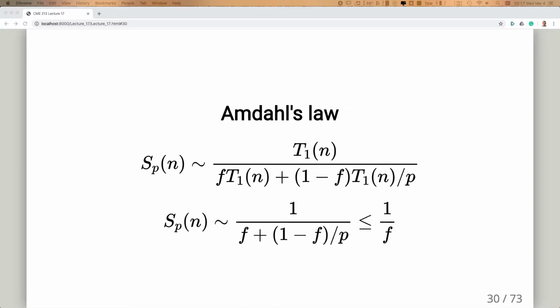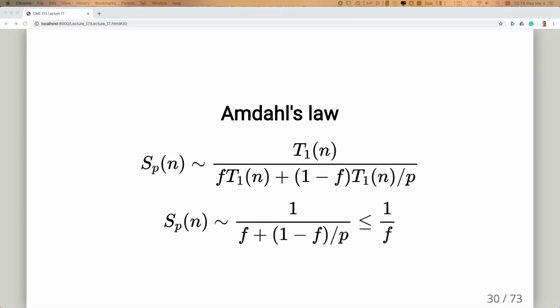But for some reason, in computer science, even a simple math operation is given a great deal of credit. So I'm going to divide by t1, and I get this equation. Right? Now you can ask yourself, if I increase p, what happens? As you increase p, you want the speed up to behave like p, to go linearly like p.